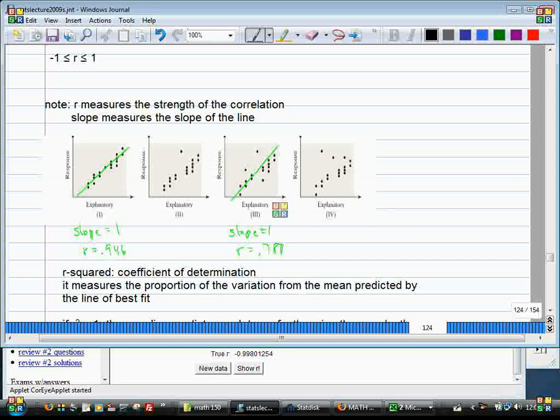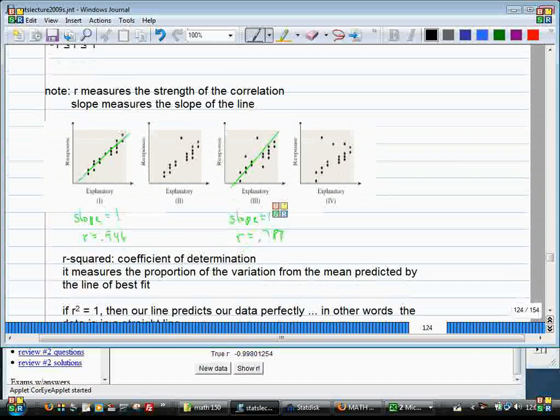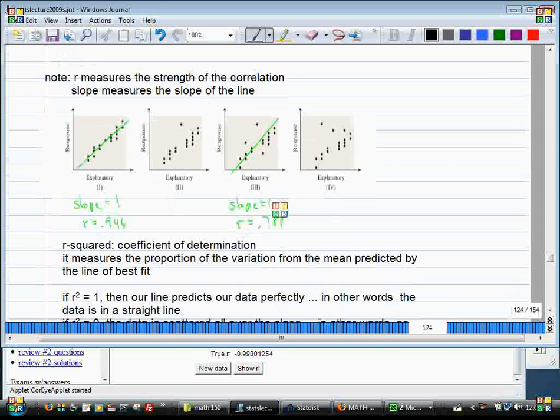So what does it tell you about your data? Perfect straight line. Exactly. Now if R squared is 0, then what was R? It's 0. So what does that tell you about your data? It's not even close to a straight line. It's very scattered.